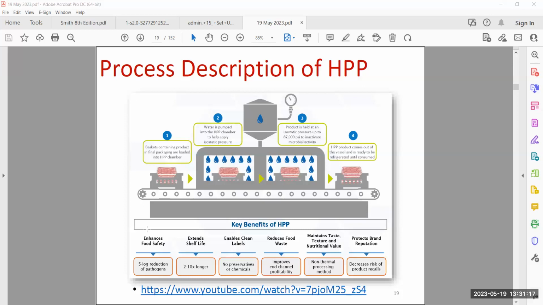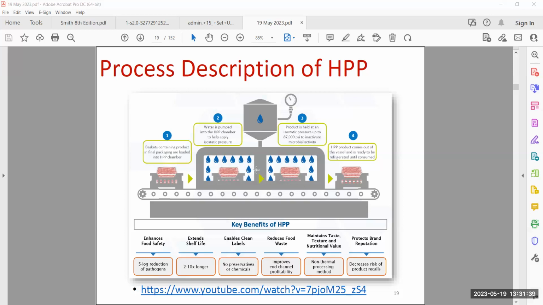So this is basically the process description of HPP, where you would put your product here. It is put into a basket, and then loaded into an HPP chamber, where water will be pumped. The water is used as the medium in this HPP chamber to help apply isostatic pressure.